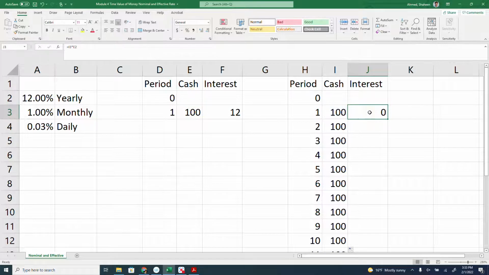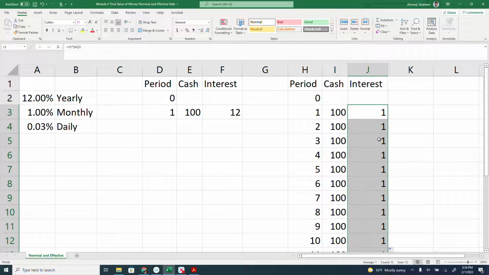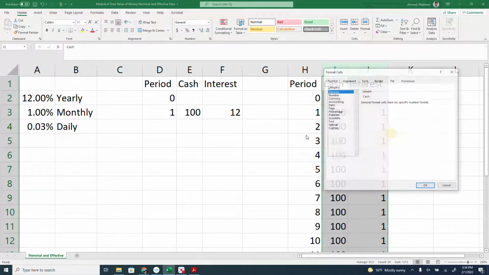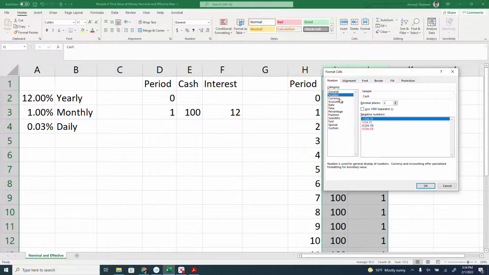So simply this is equal to this cash flow times the monthly rate. I'm going to freeze that so that I can use it for all the months. So this is the interest that we're going to pay. Let's make it a little more decimal, or maybe a currency format.